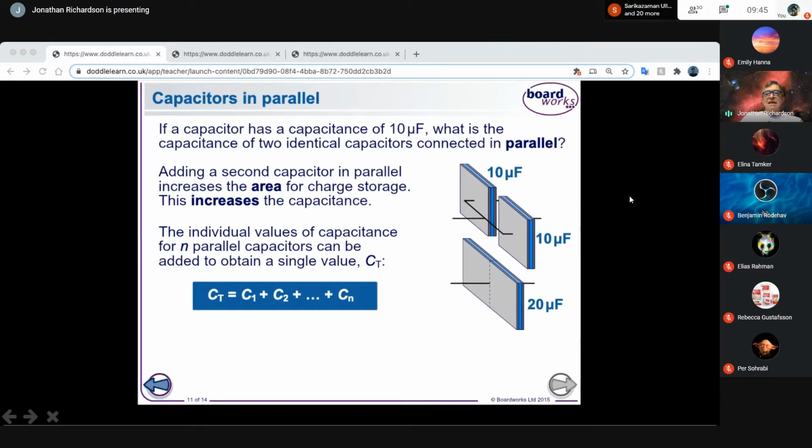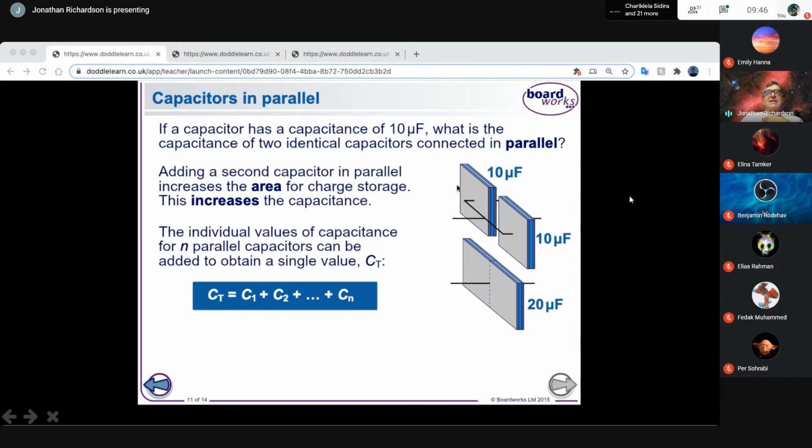Now we're seeing that with capacitors in parallel, the total capacitance is capacitance 1 plus capacitance 2 plus 3, and so on, as far as however many capacitors you have.